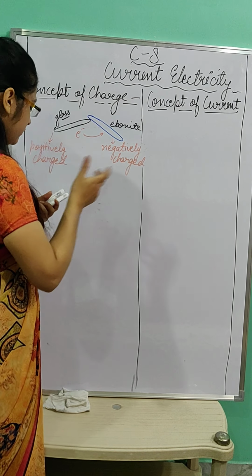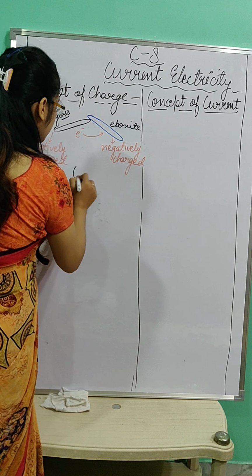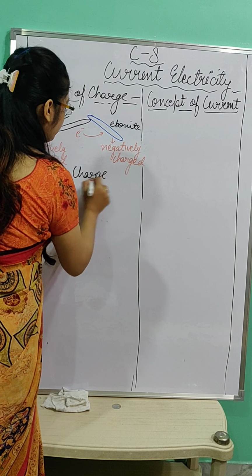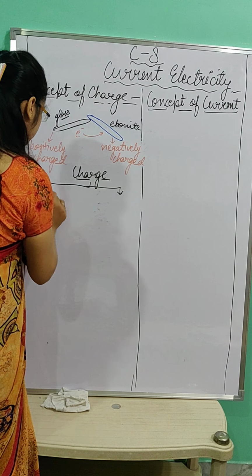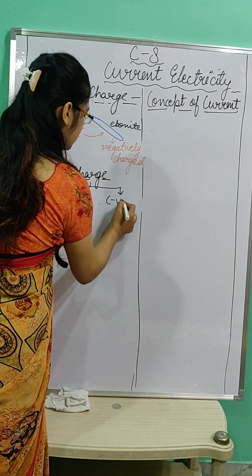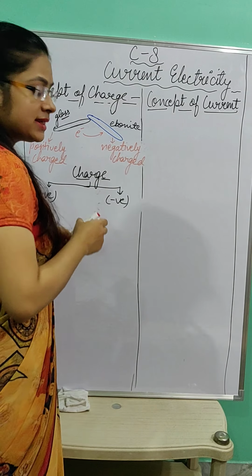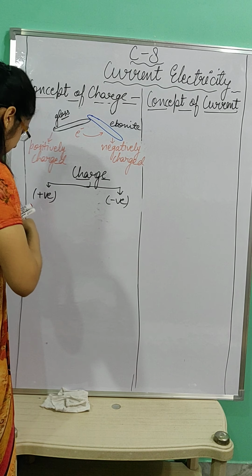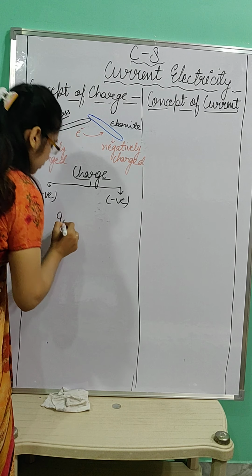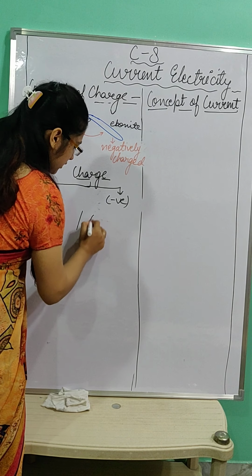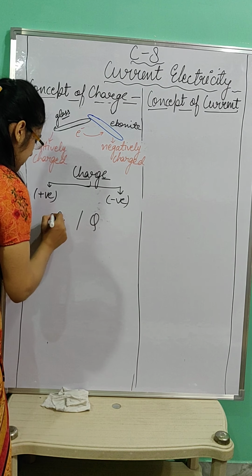So on the basis of this transfer of charges, it was told that charges are of two types, the positive and the negative charges. This charge is represented by the symbol Q, small q, or sometimes it is also written as capital Q. Okay, this is the representation.